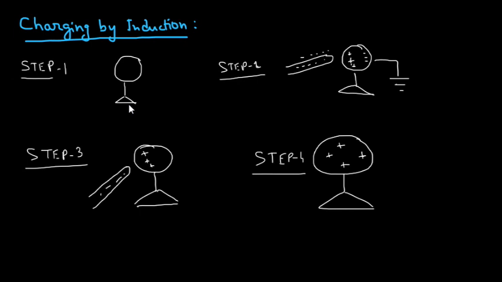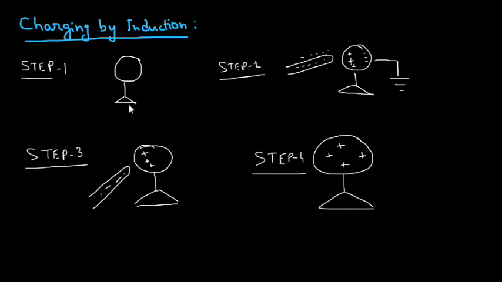The free electrons move to the other side of the sphere because of repulsion, and by a conducting wire we ground those electrons from the other side of the sphere.